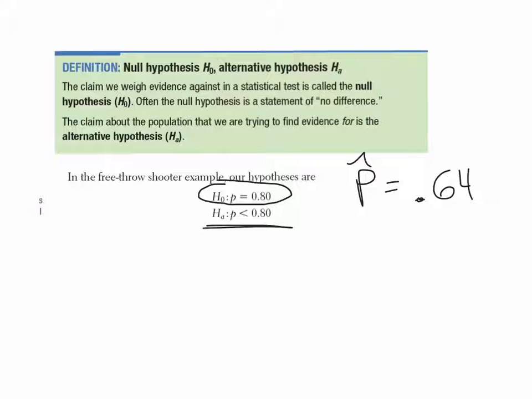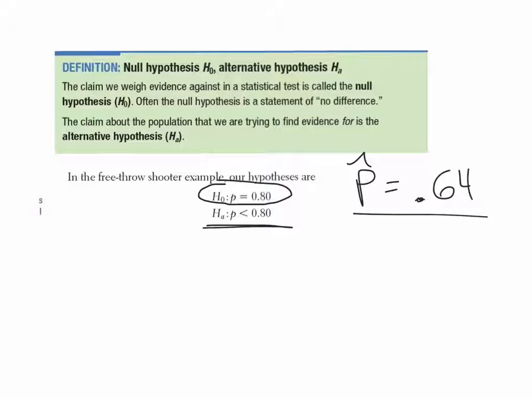We watched him shoot. He didn't shoot as well as he said. He shot 64%. Now, we know there's some chance involved there. We know if he shot another 100, it would probably be different than 64%. But what we don't know, and what we're going to try to determine, is whether it's going to be consistently less than 80, because his true shooting percentage would be less than 80.